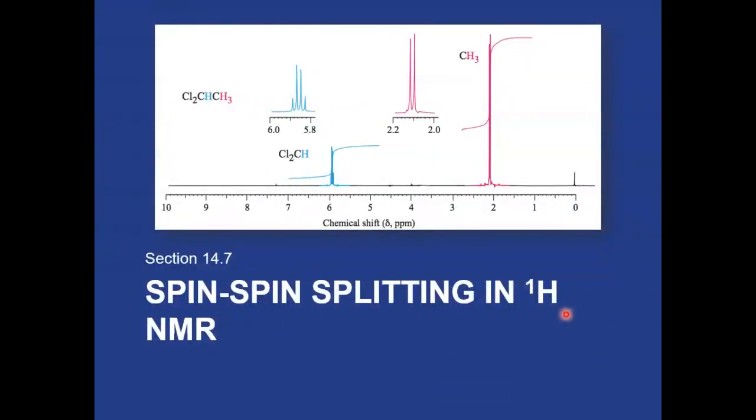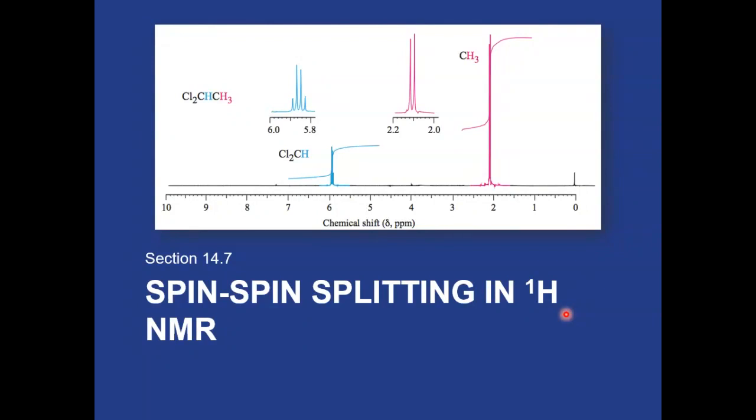So far, we learned that the most important things for you to decode the proton NMR spectrum are the chemical shift value, the number of protons, and the area of each signal.